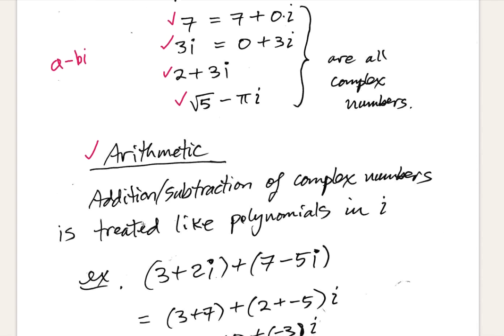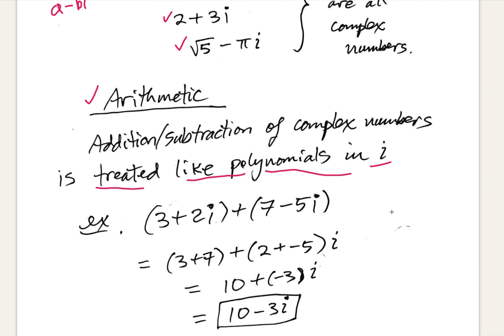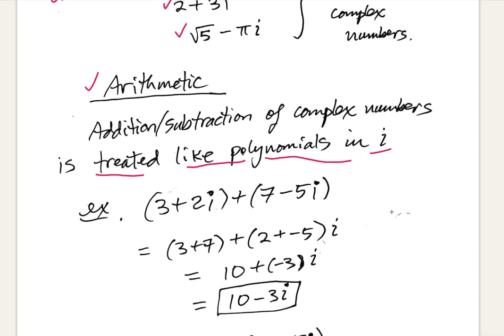Okay, how do you do that? It's treated just like you would polynomials in the variable i. Now you should know how to add polynomials and multiply polynomials and stuff. Let's add these like they were polynomials in i: 3 plus 2i plus 7 minus 5i. What do you do?